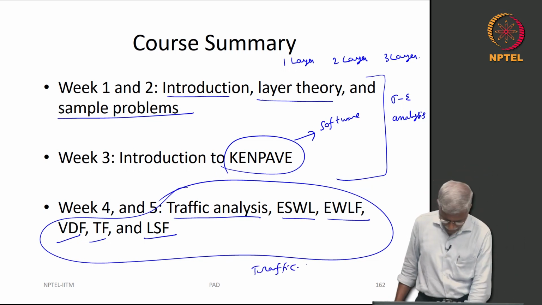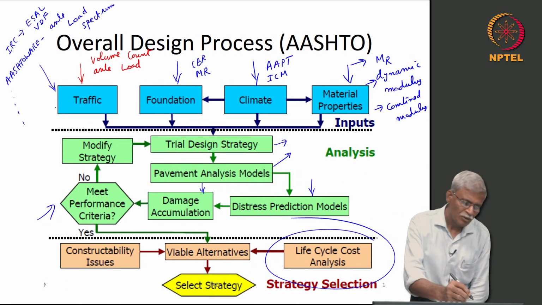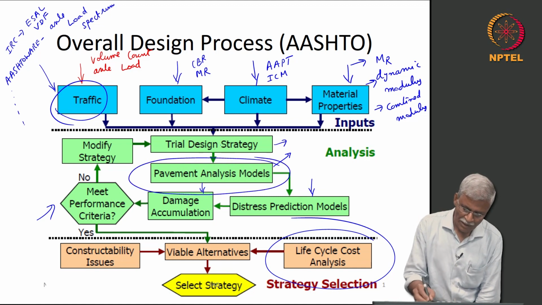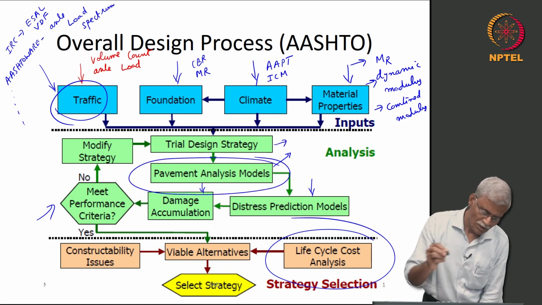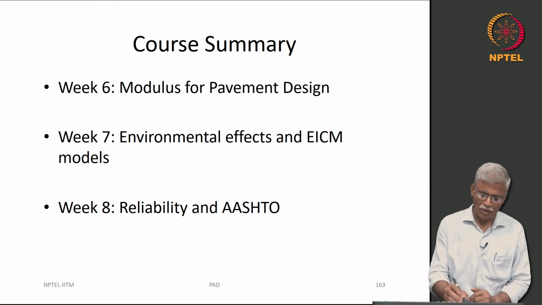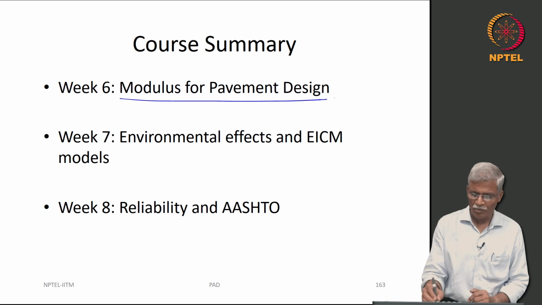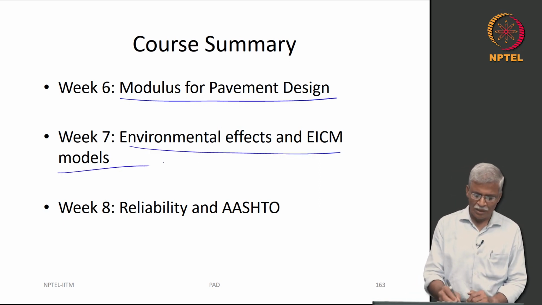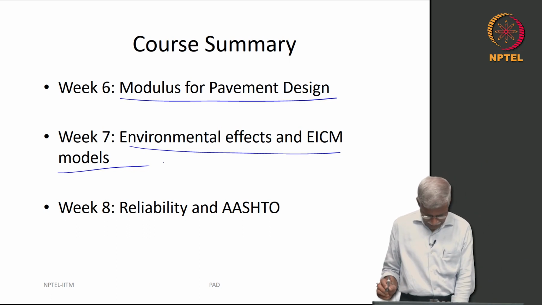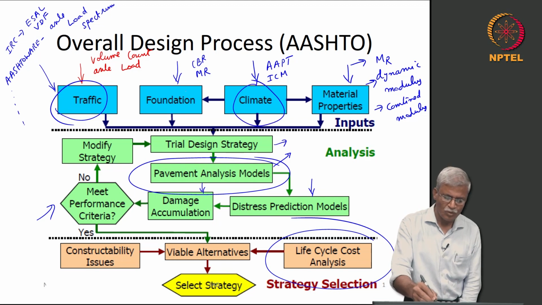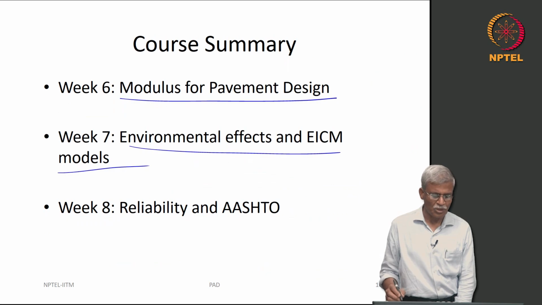So, if you try to sync it here, this was finished, then after that this pavement analysis method was done, then we came to modulus for pavement design. So, what are all the material properties for pavement design, the environmental effect and the enhanced integrated climate model. So, now this was also finished, this is the material property that is also finished here.